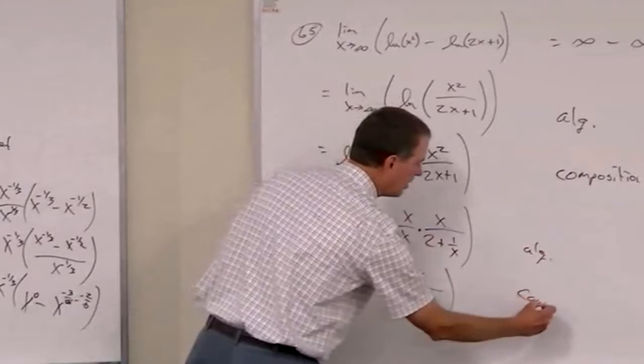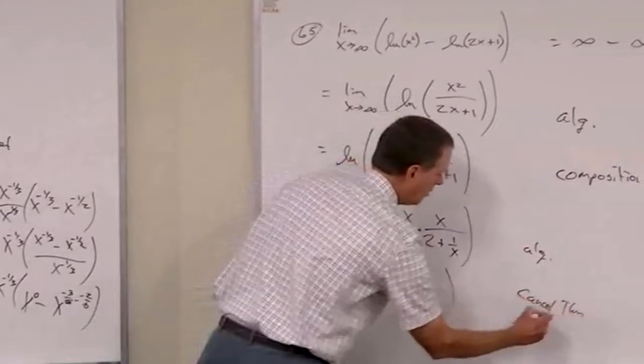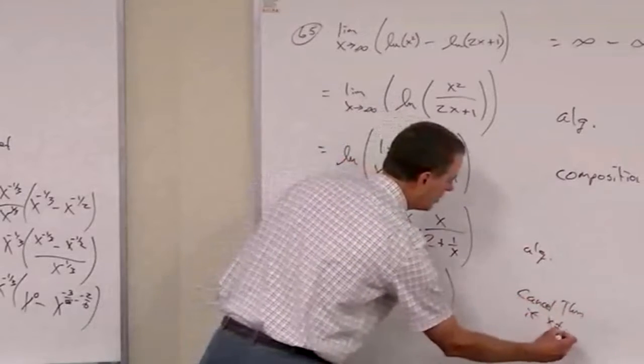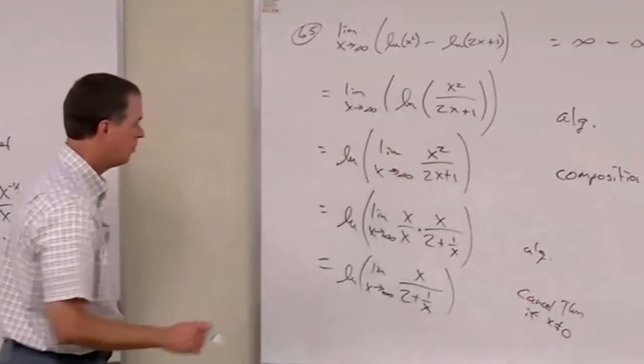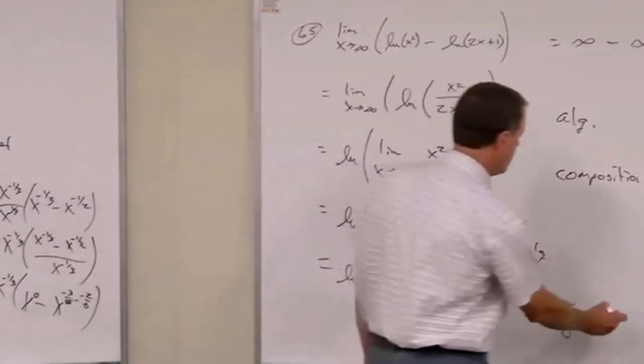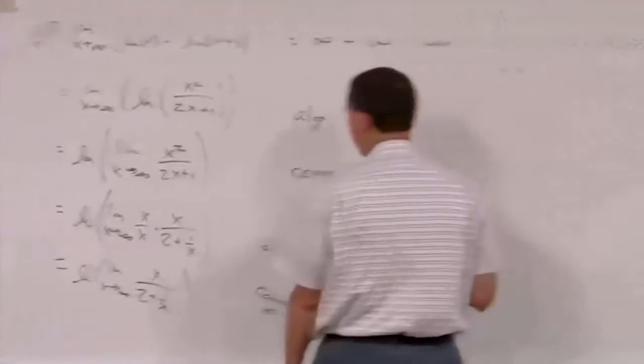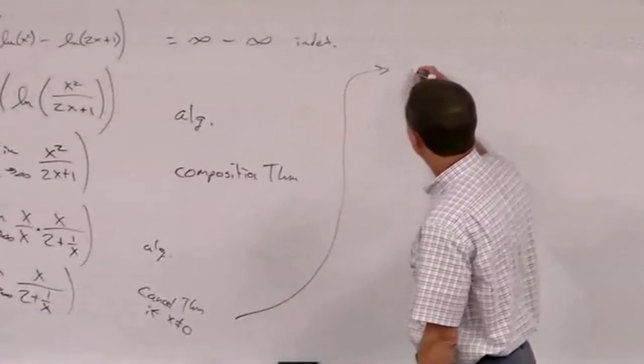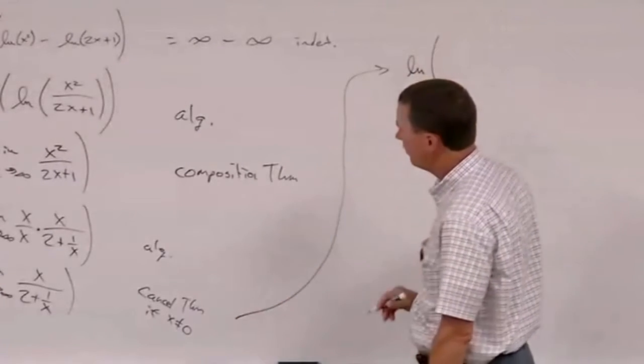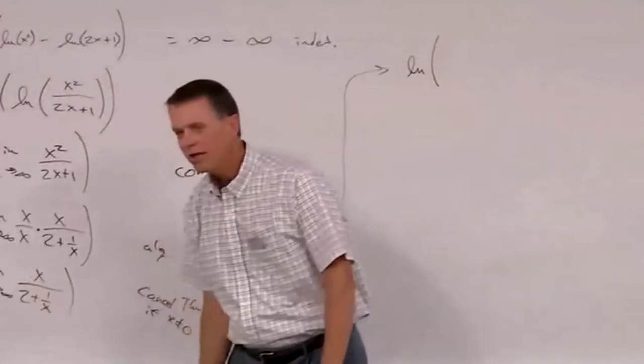Because we can use the cancellation theorem if x is not 0, and it's not 0 because we're close to infinity. And now we can actually start trying to plug in one more time.